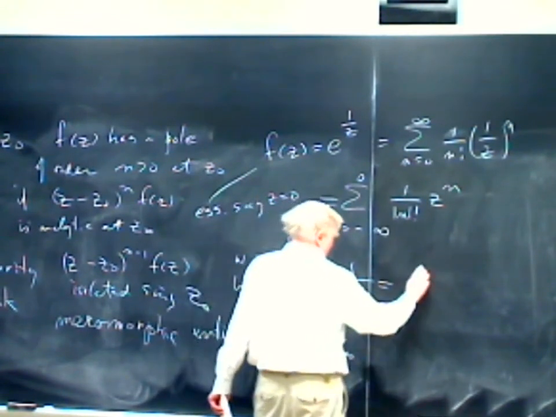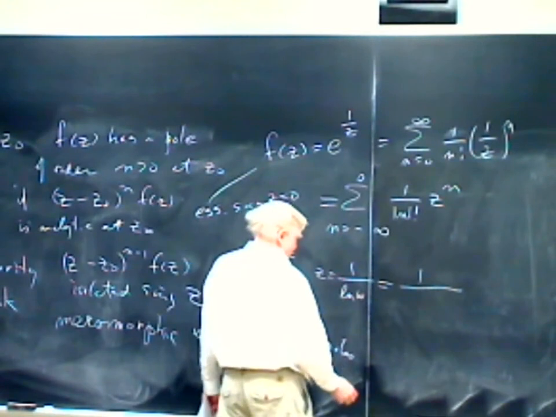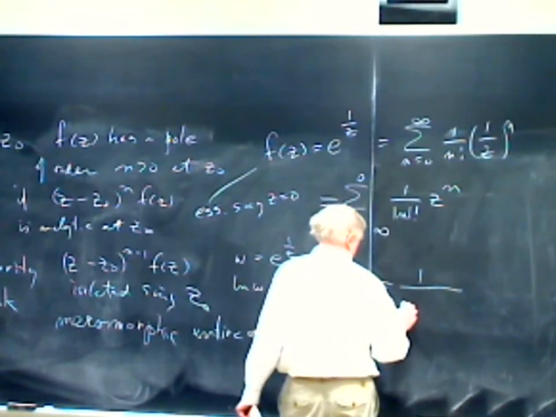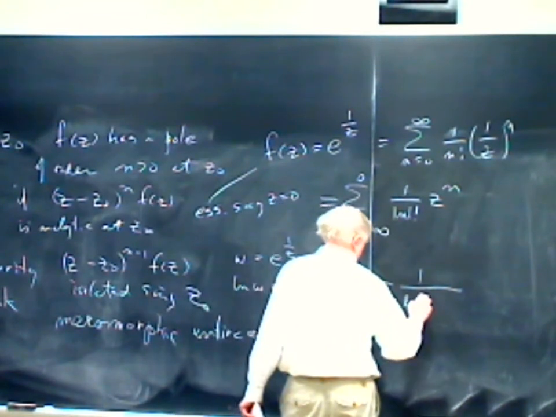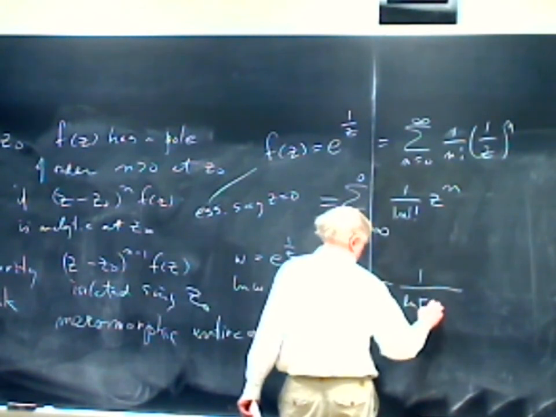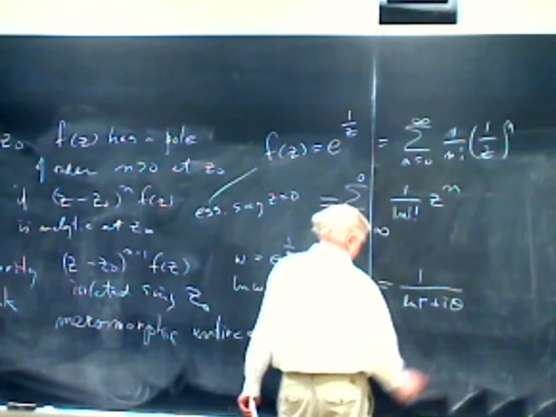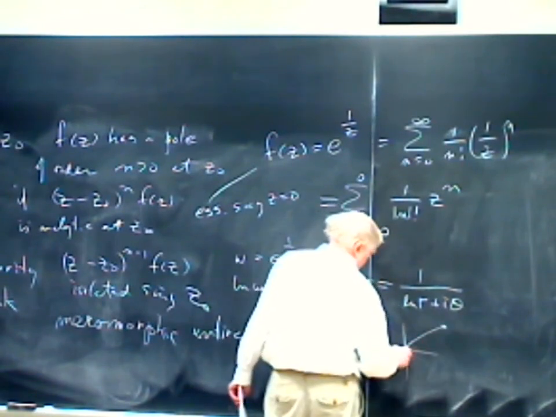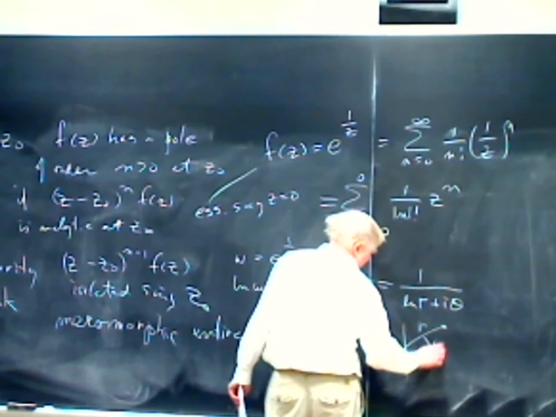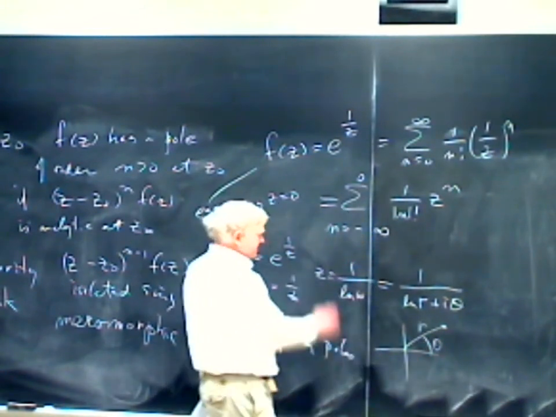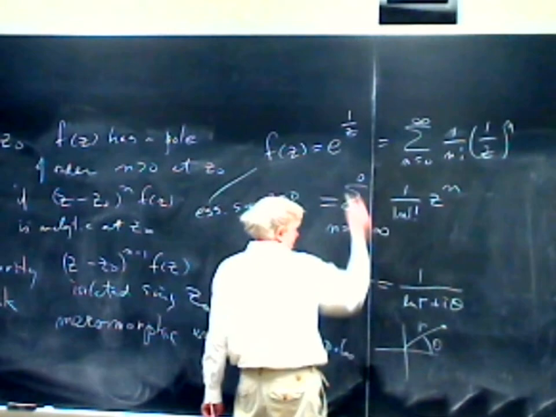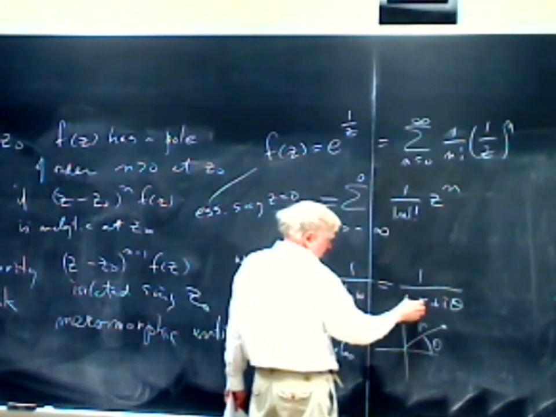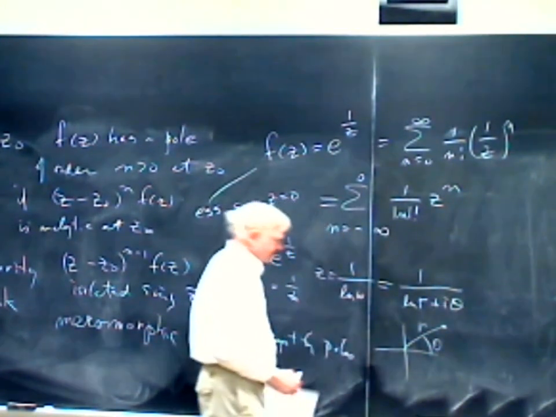And although we haven't really done logs in this class yet, the log of w is the natural log of the absolute value of w, which is, say, r, plus i theta. In other words, w is some point in the complex plane here, distance r out, angle theta like that. Then the z that hits that is 1 over log r plus i theta.